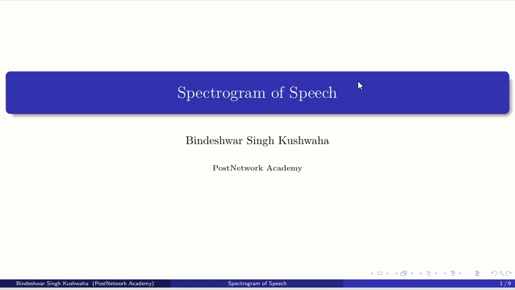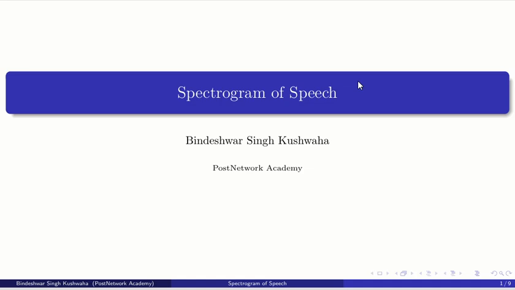I am Bindeshwar and in this video we will understand spectrograms that are crucial in machine learning, deep learning and generative AI because raw audio waveforms are not easy for models to process. A spectrogram transforms sound into a time frequency image, making it possible to apply vision techniques like CNN and transformers.